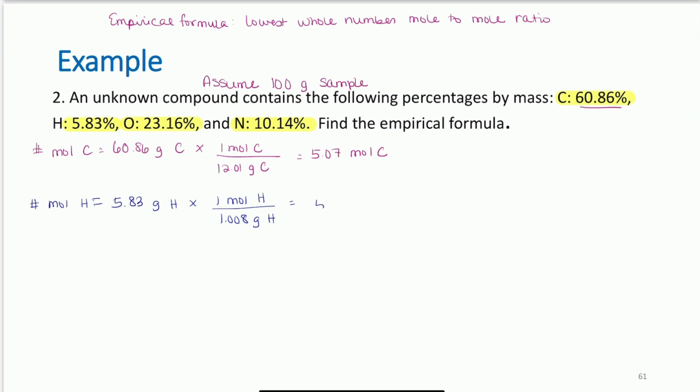This gives me 5.78 moles of hydrogen. Oxygen, number of moles of oxygen, 23.16 grams. Convert to moles of oxygen. Gives me 1.45 moles of oxygen.